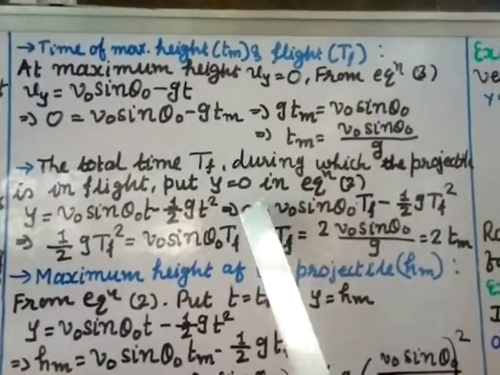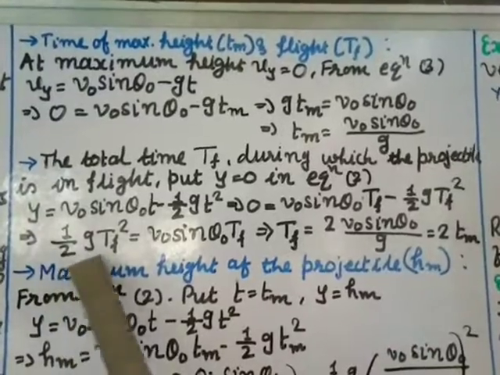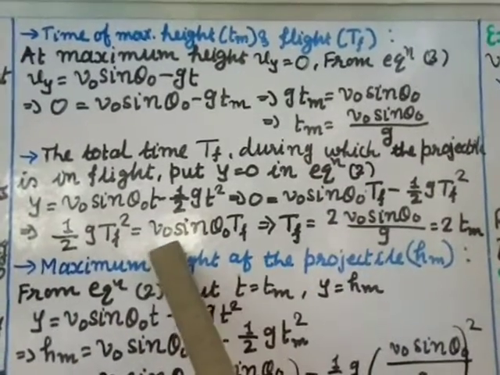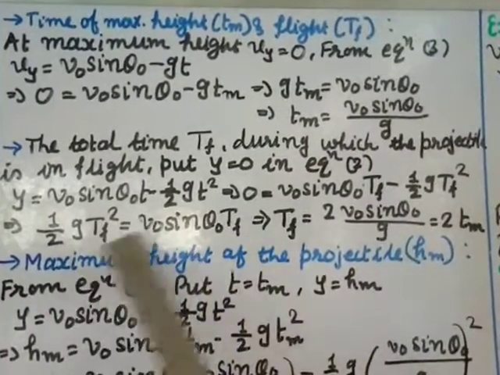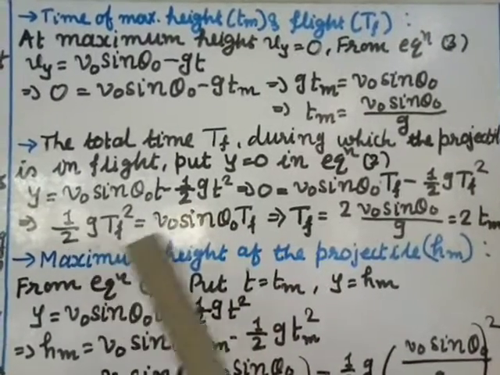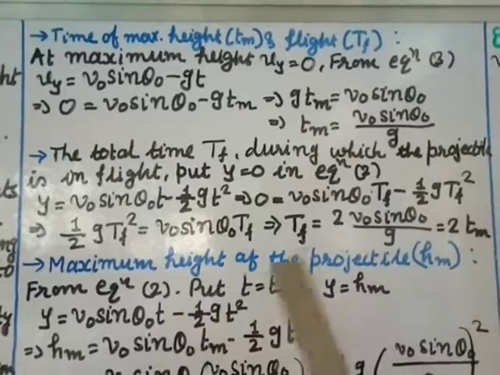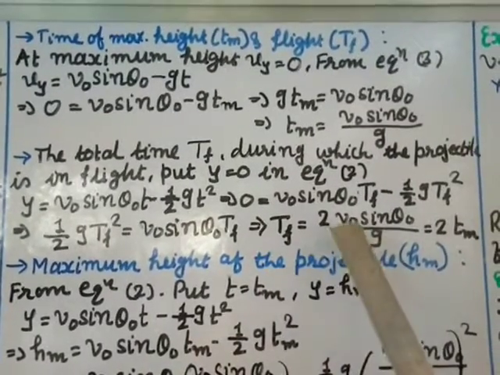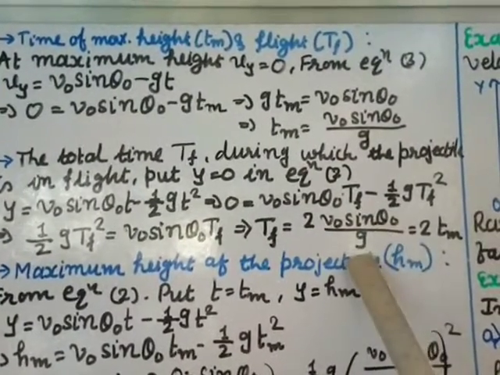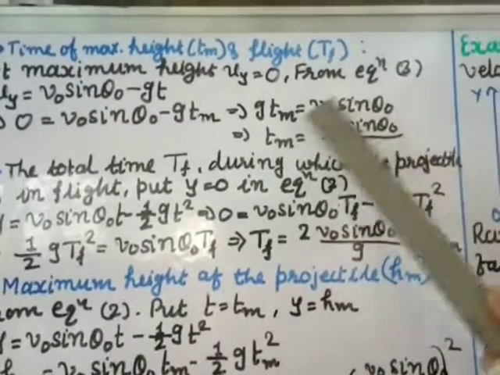The negative term transferred over here becomes positive, so 1 by 2 g tf square equals v naught sin theta naught tf. One tf you can cancel, and g transferred goes to the denominator, and 2 goes to the numerator. So you get tf equal to 2 times v naught sin theta naught by g, and this is twice the time of maximum height.